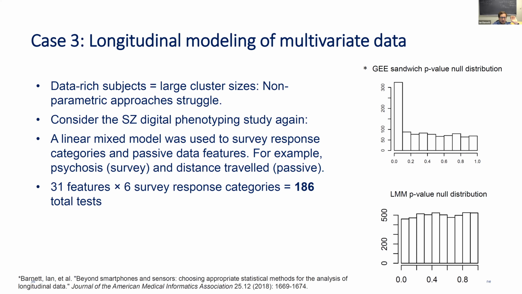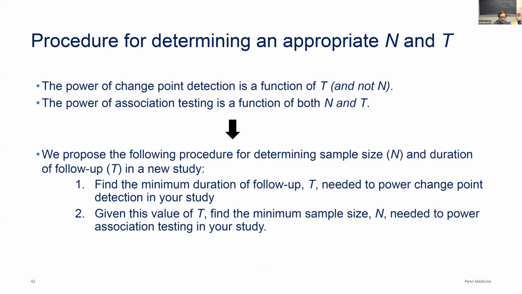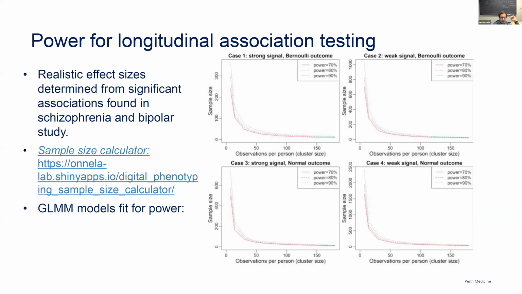And actually, I'm going to skip this last one because we're a little over time. But we do have a sample size calculator. If you're interested in this, we also wrote a paper on what kind of statistical methods you can use in digital phenotyping studies, what's maybe appropriate, what's not. We have a sample size calculator where, when you're designing digital phenotyping studies, you have to not just consider your sample size, but also what's the length of follow-up that you desire?